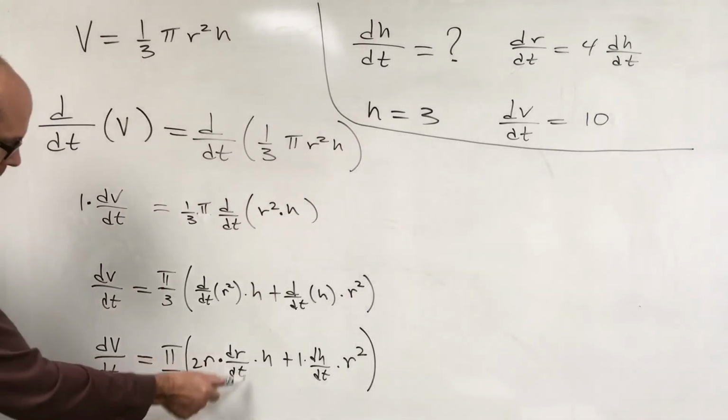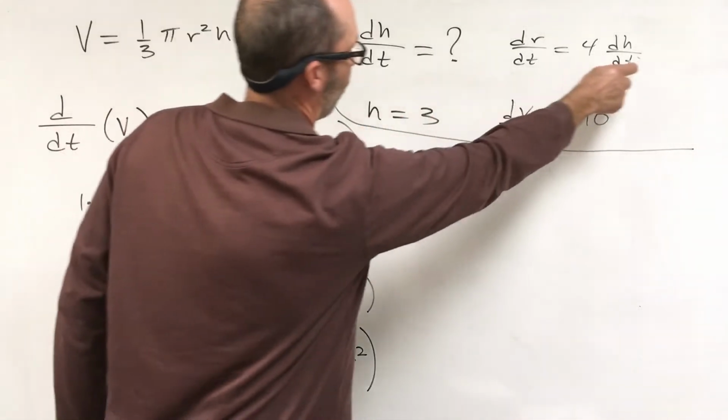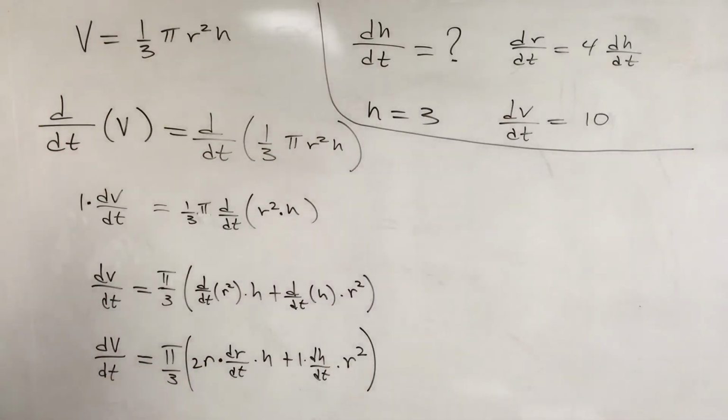We want dh/dt, so we'll solve for dh/dt. At this point, we know dr/dt is 4 dh/dt, so I'll put that in there.